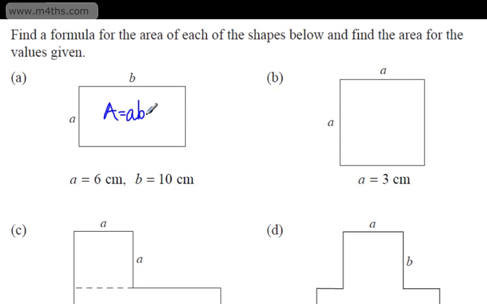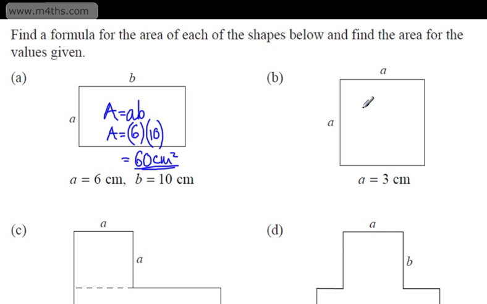So big A, the area, is equal to little a multiplied by little b. So in this case, we can say now that it's going to be on here 6 multiplied by 10. I'm simply substituting these in, and that would give me now 60, and the units are going to be centimetres squared. So nice and straightforward.